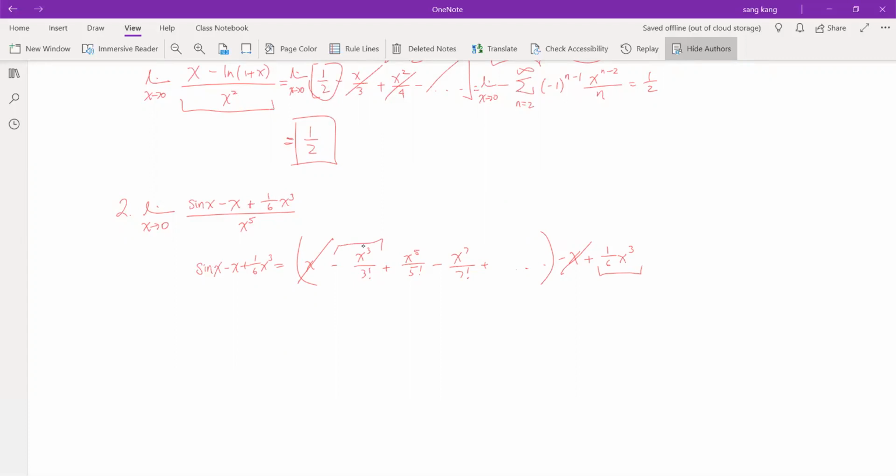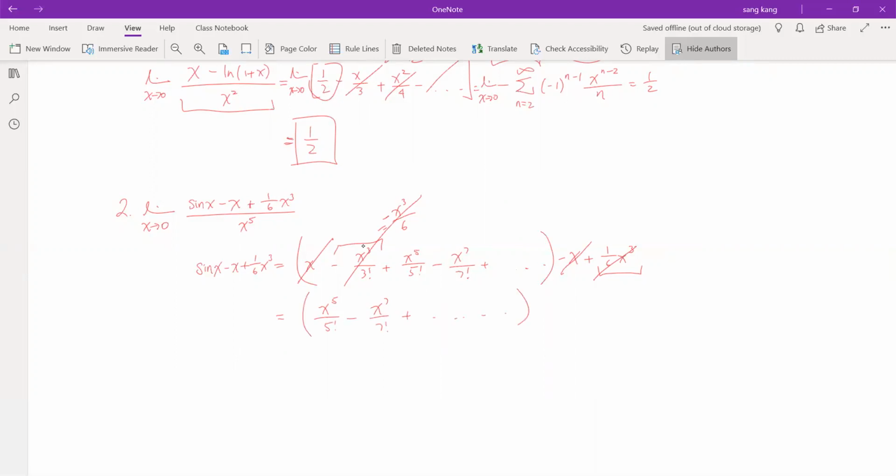So 3 factorial, this is the same thing as x cubed over 3 times 2 times 1, which is x cubed over 6. So this is negative. So we can cancel out this guy with this guy. Now we're left with x to the 5th over 5 factorial minus x to the 7th over 7 factorial plus dot, dot, dot, dot.